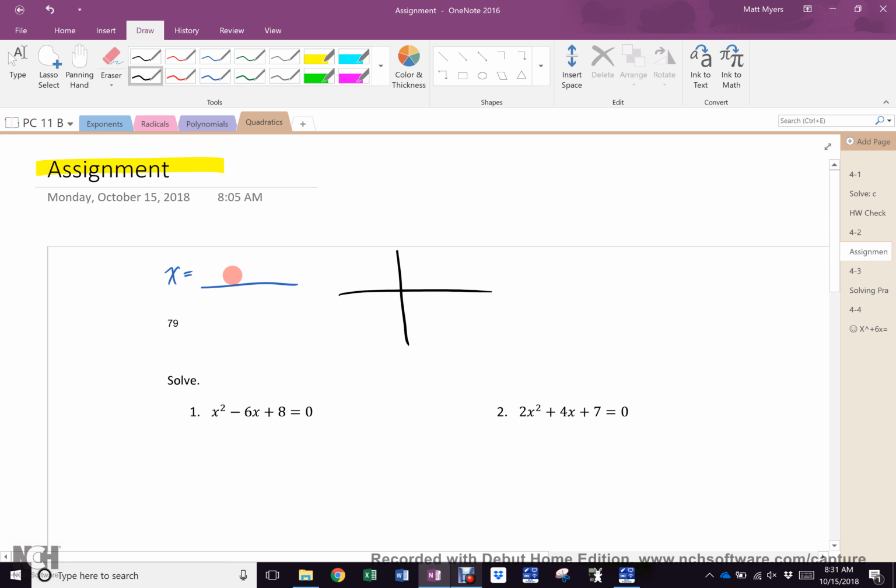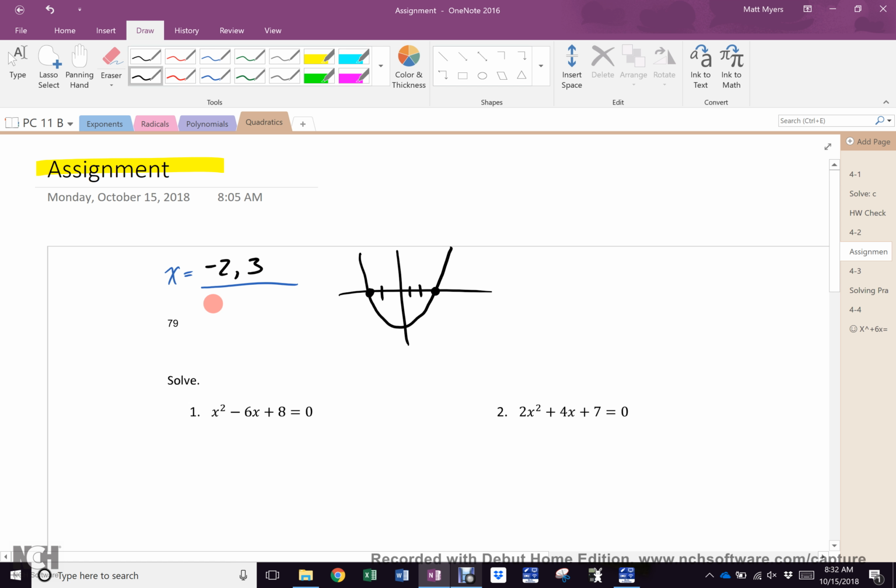When X equals something, that is the two spots on the X-axis that the curve will hit. Okay? So this one hits at -2 and 3, which means the answer to this is -2 or 3.